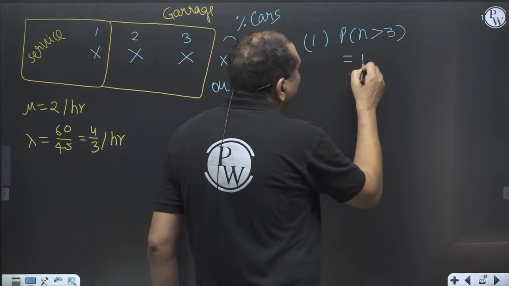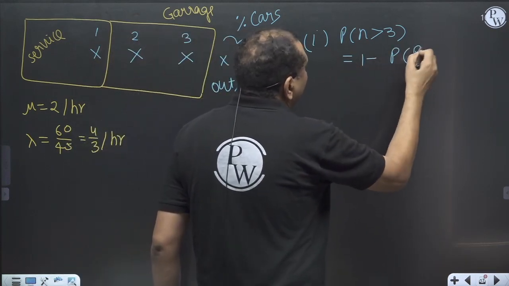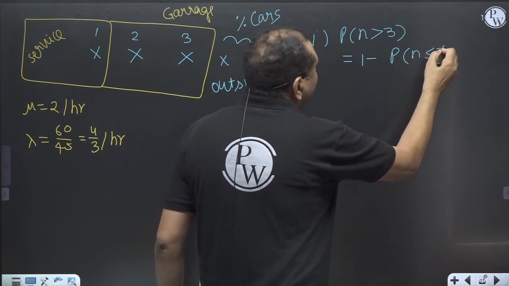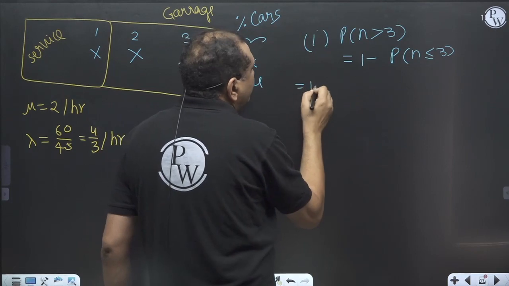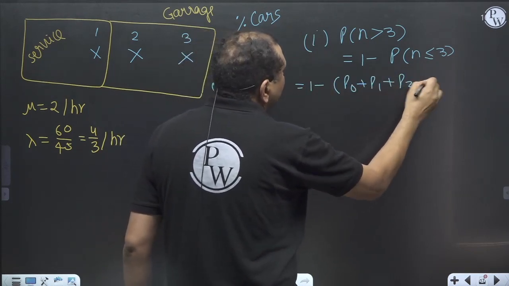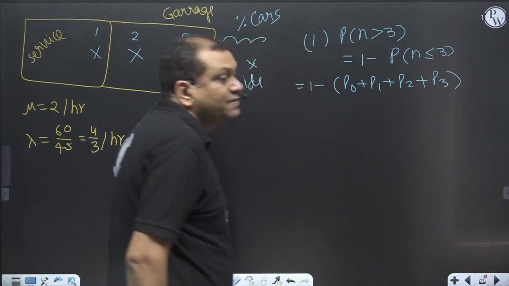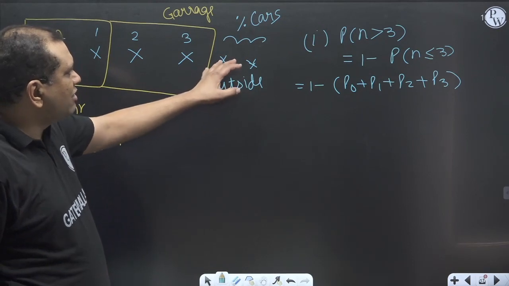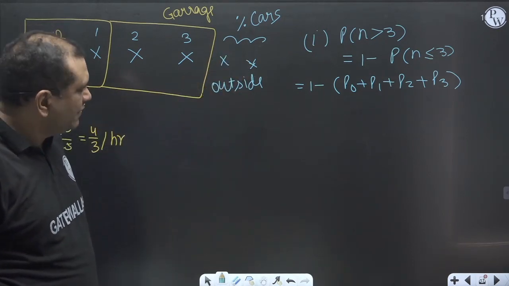It will be nothing but 1 minus the probability that the number of cars is less than or equal to 3. So it is 1 minus (P0 plus P1 plus P2 plus P3), because the fourth car onwards is outside.